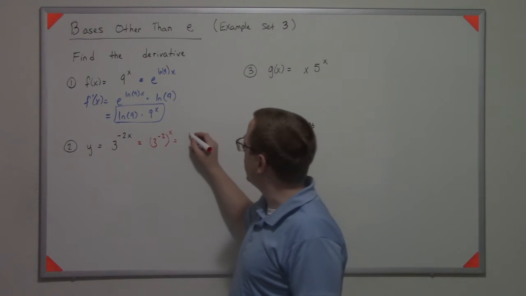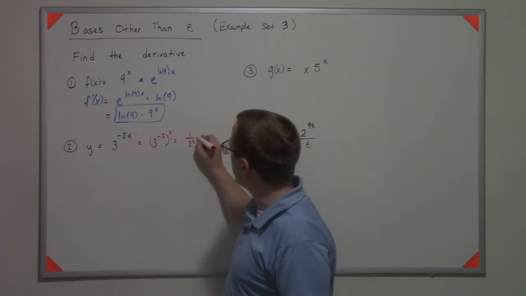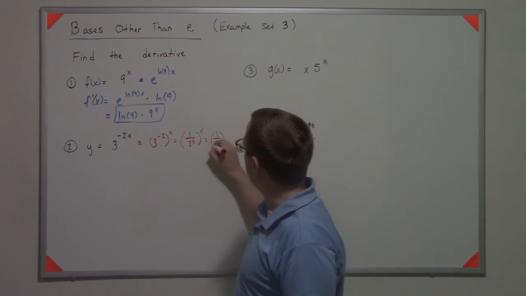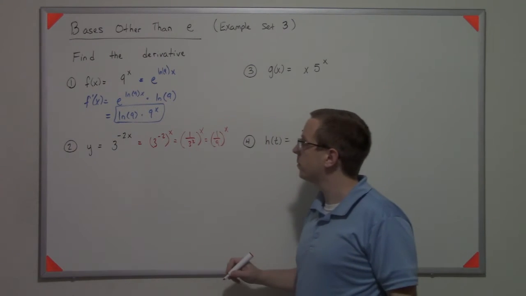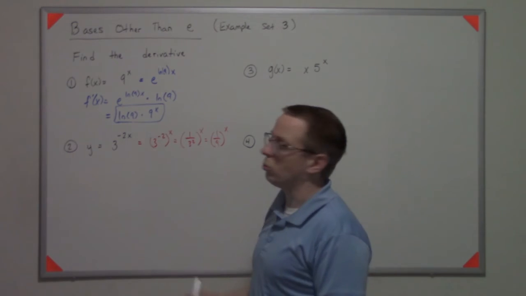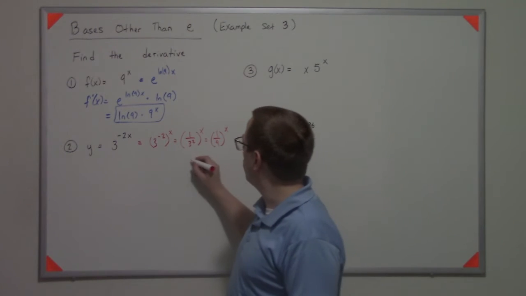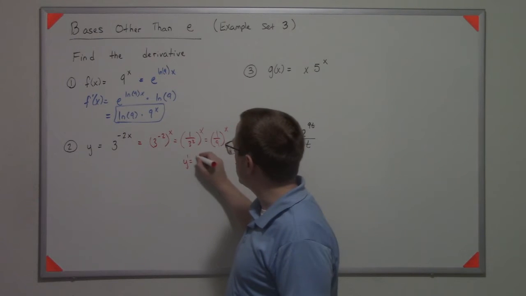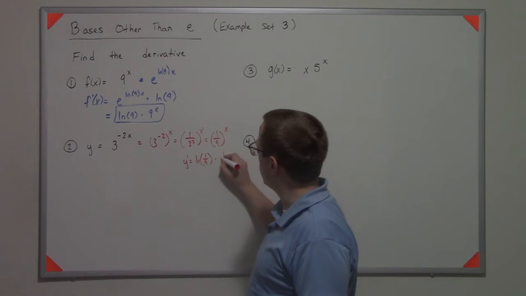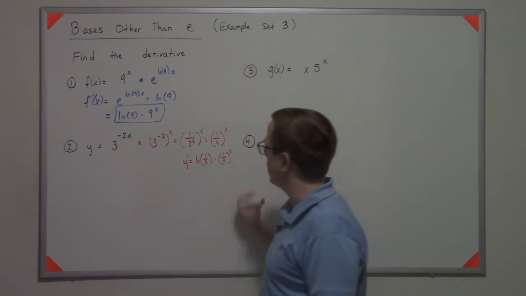Well, 3 to the negative 2 is 1 over 3 squared, to the x, which is 1 over 9 to the x. And the reason why I would do it like that is that then I can follow directly. I can say, well then y prime is natural log of 1/9 times 1/9 to the x.